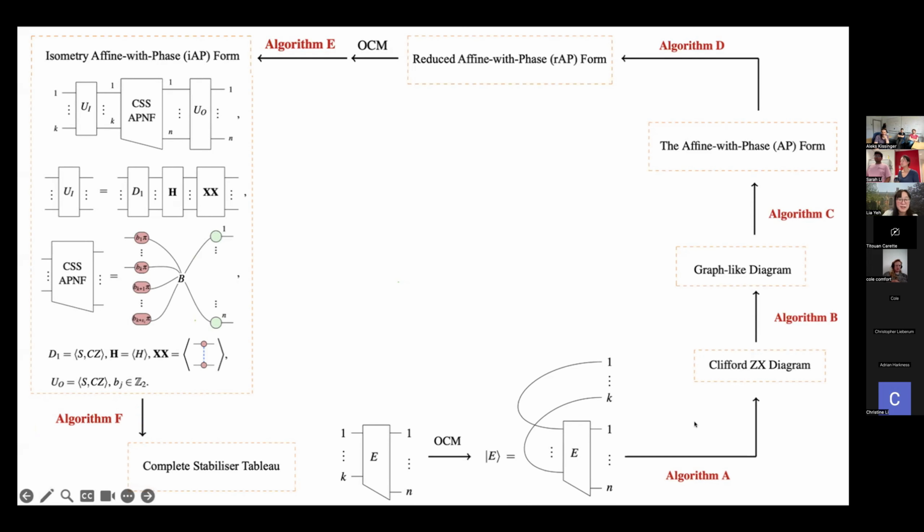So now we'll talk about algorithm F, because we named them A, B, C, D, E, F for some reason. That is to go from this isometry AP normal form to a complete stabilizer tableau for the code, fixing the encoder map.